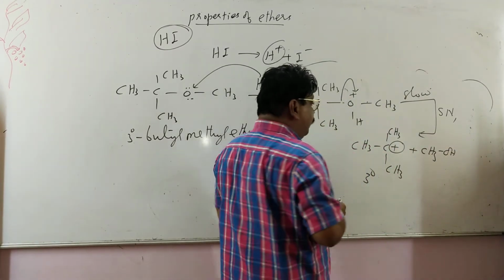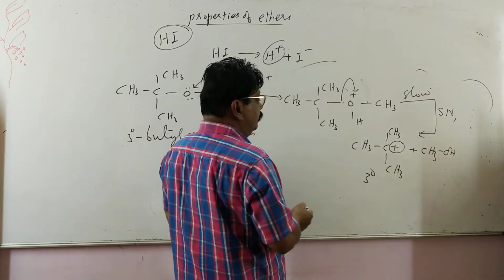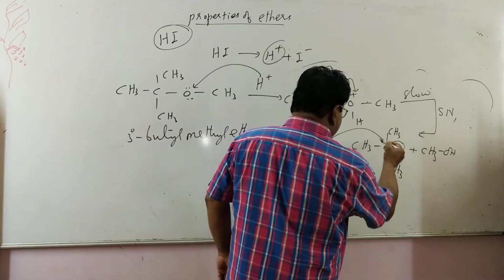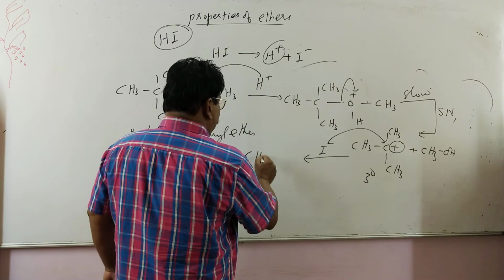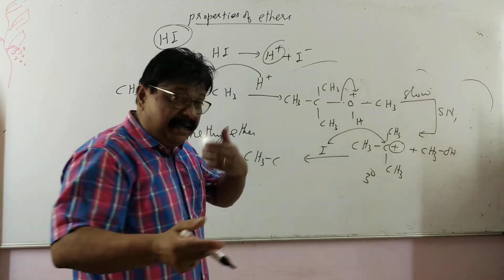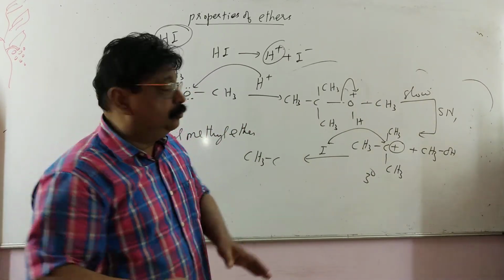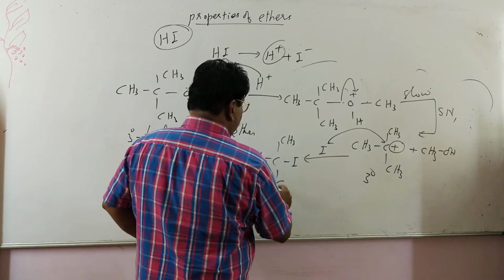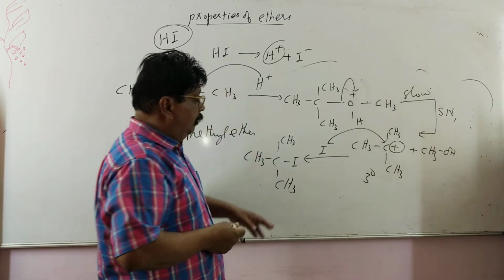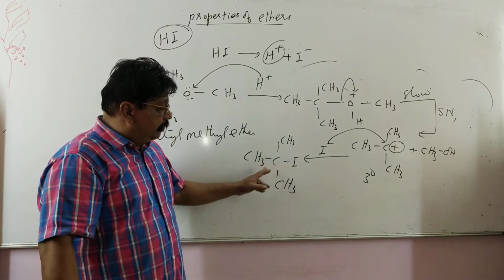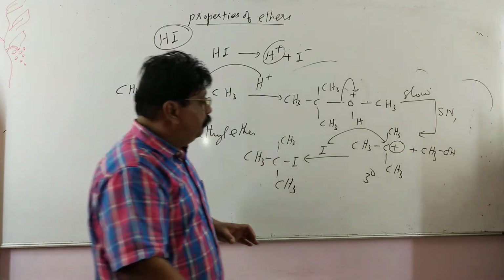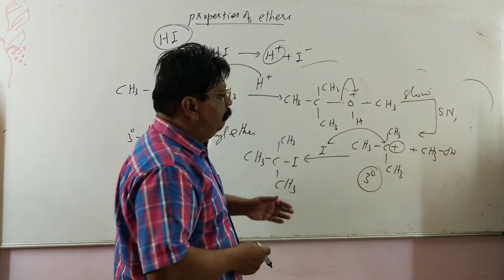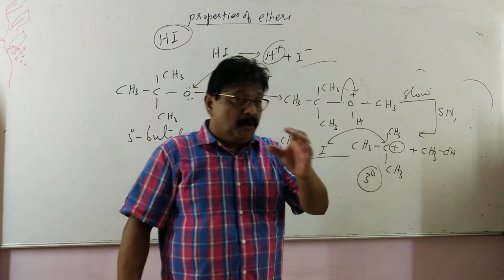This is the tertiary carbocation, in which I minus will attack this carbon. There can be inversion of configuration also. See this. The I minus goes with the tertiary alkyl group through SN1 mechanism, because the tertiary carbocation is more stable here.